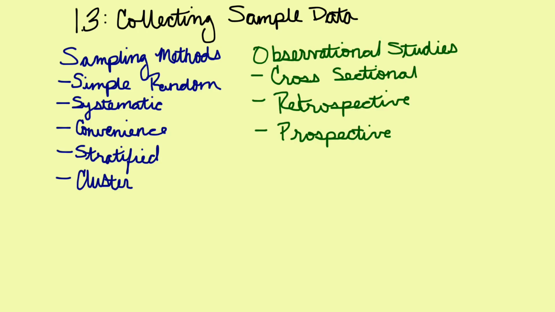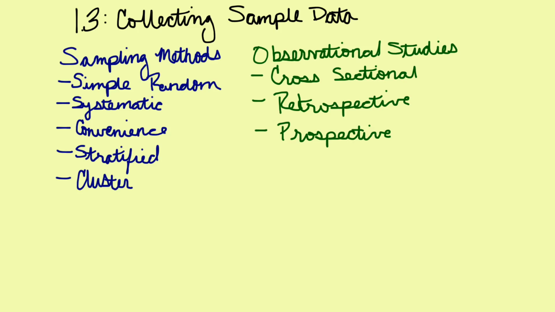In this section, they talk about the difference between an experiment and an observational study. There's different types of observational studies. Observational studies basically mean you're not performing a specific action on any sample. You're just observing the characteristics. The first type is cross-sectional, which means the data is collected at one point in time only.